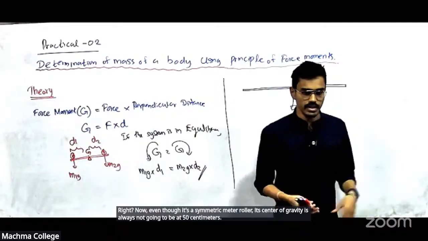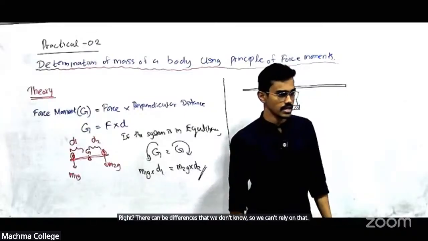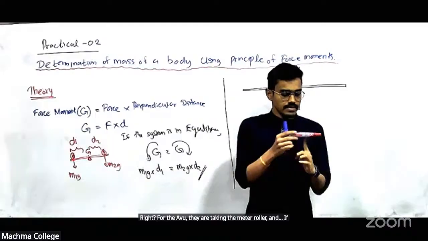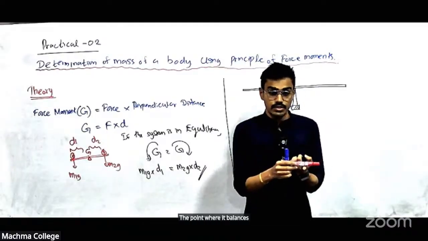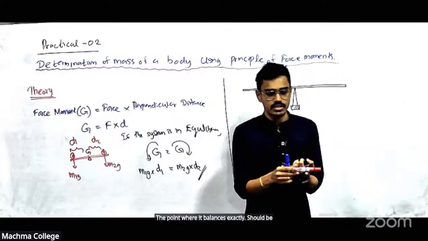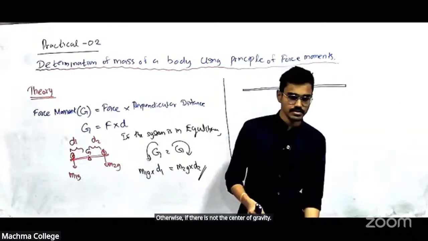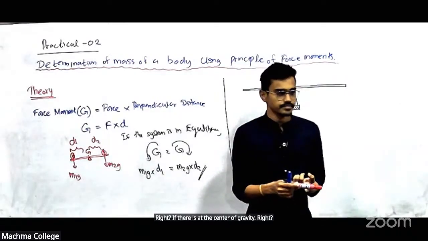There can be differences that we don't know, so we can't rely on that. If we can balance it on the knife edge, the point where it balances exactly should be the center of gravity. Otherwise, if it is not at the center of gravity, it collapses. If it is at the center of gravity, it balances.